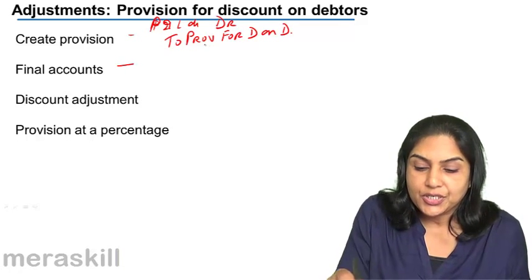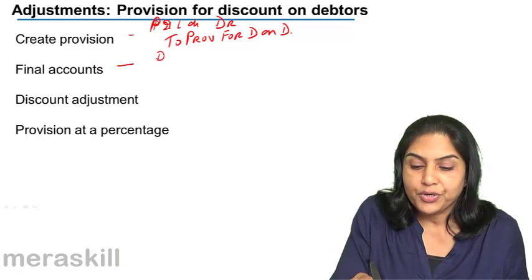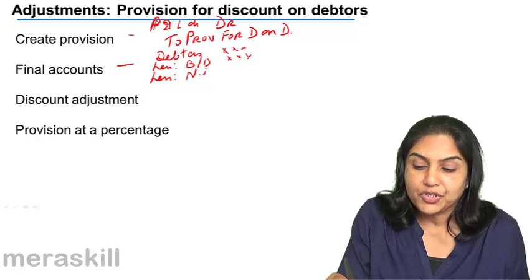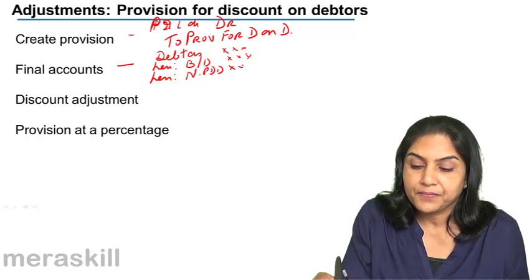In the balance sheet, when we show debtors, less bad debts, mind you, which we had already done, less the new provision for doubtful debts.